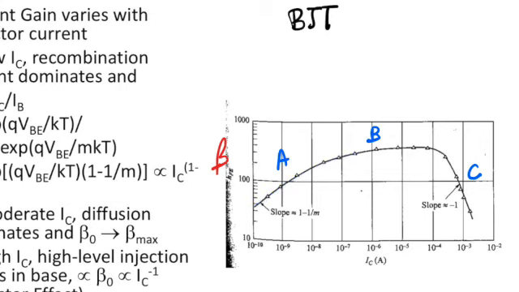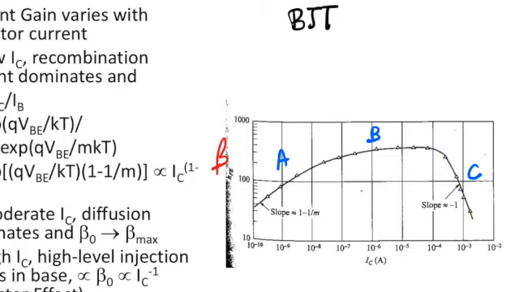In region B, it's nearly a flat constant, whereby any changes of IC don't change the beta. And finally region C, whereby as you increase the collector current, you can see a reduction in the beta.